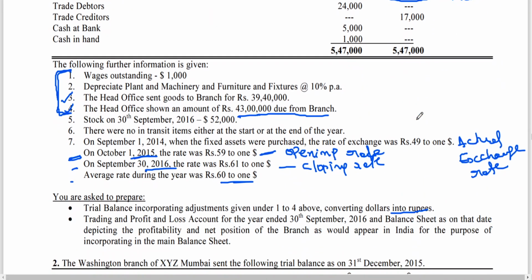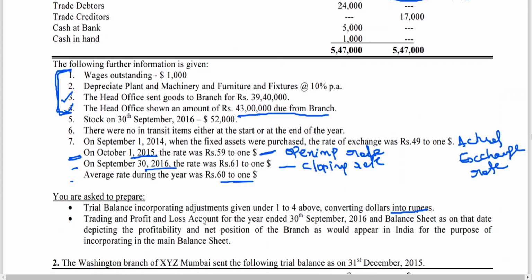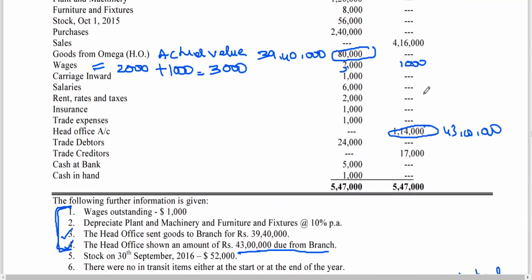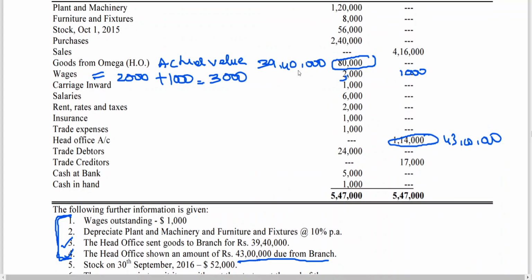You can see again that has been given: incorporating adjustments given 1 to 4 above. Here incorporation means the values given in the directive are to be taken into consideration. In this case, dollars you are increasing. $2000 has become $3000. So outstanding wages will appear on the credit side.